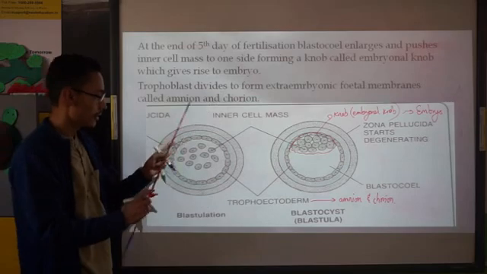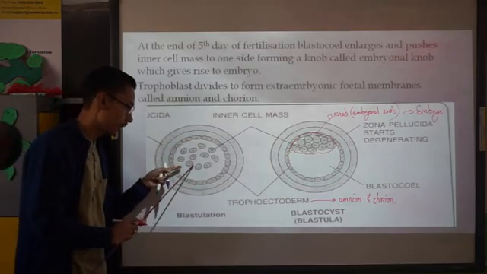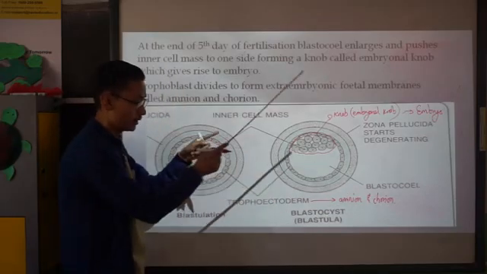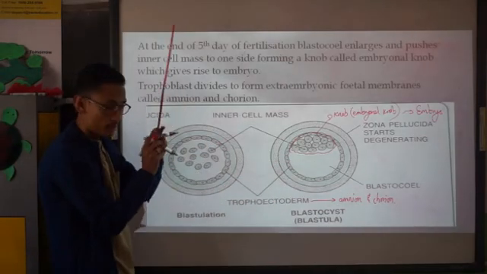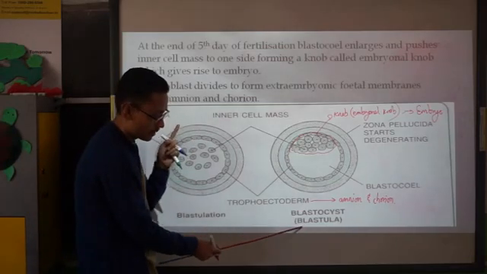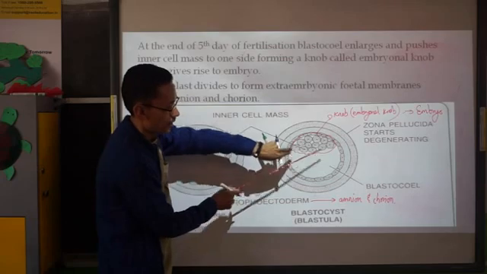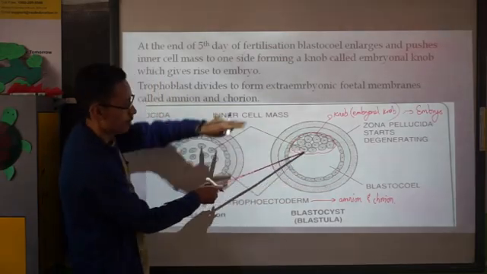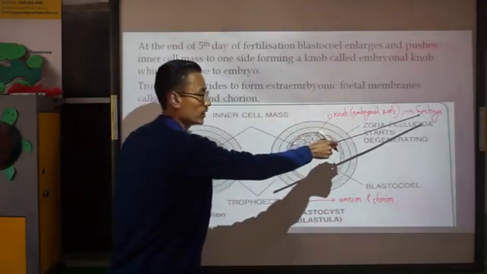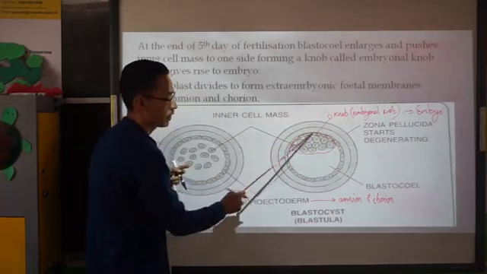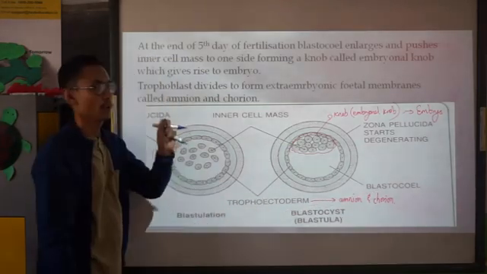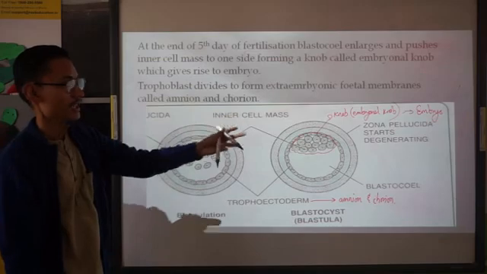That uterine milk enters in between the trophoblast and the inner cell mass, forming a cavity called the blastocoele. Once formed, the morula changes into a blastocyst or blastula, and this cavity enlarges, pushing the inner cell mass to one side, forming a knob called the embryonal knob, which will give rise to the embryo. The trophoectoderm or trophoblast will divide to form the amnion and chorion. This occurs after the 5th day of fertilization.